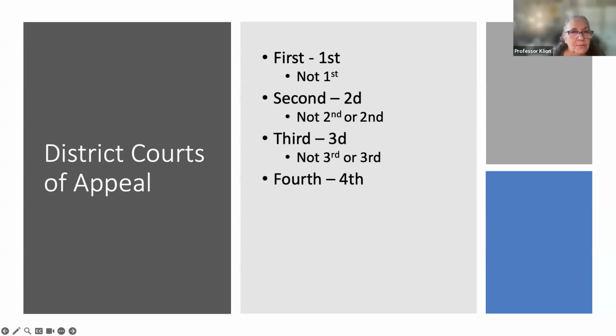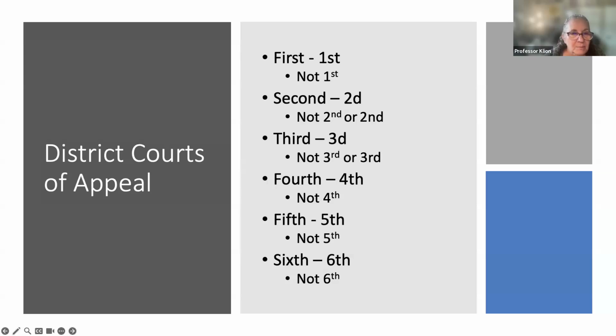Same thing with the fourth, there is no superscript. Same thing with the fifth, there is no superscript. Same thing with the sixth, there is no superscript. So other than the court identifier, the citations between the Blue Book and the citations under Florida Rule of Appellate Procedure 9.800 are the same.